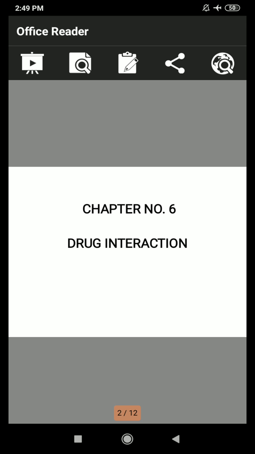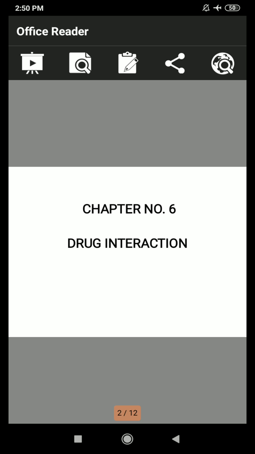And the last point is manufacturing of suppositories, in that mold, calibration of mold, then displacement value of solid medicaments, then method for determination of displacement value, then example, then the general method for preparing suppositories containing insoluble solids. Then four stages: stage 1, stage 2, stage 3 and stage 4. Then preparation of suppositories by fusion process and suppositories made by compression.